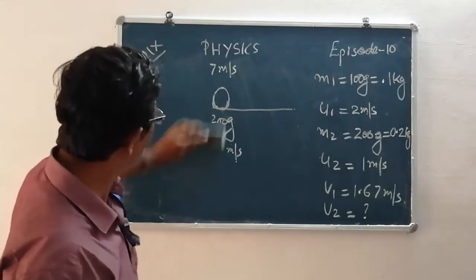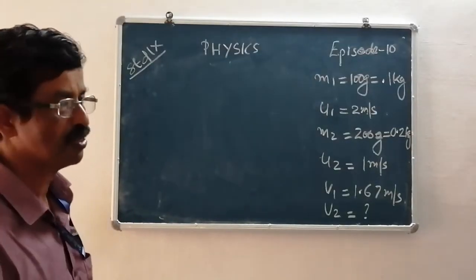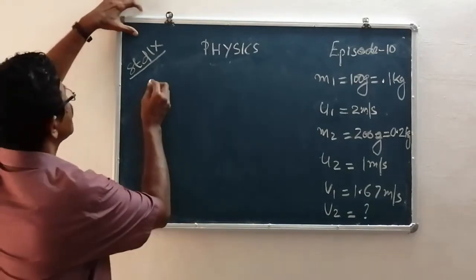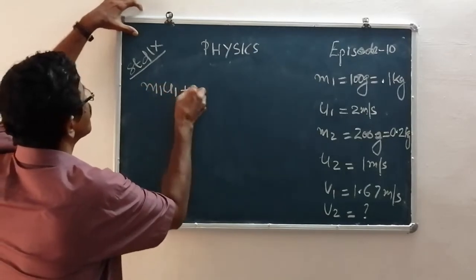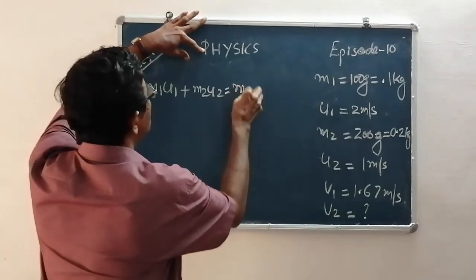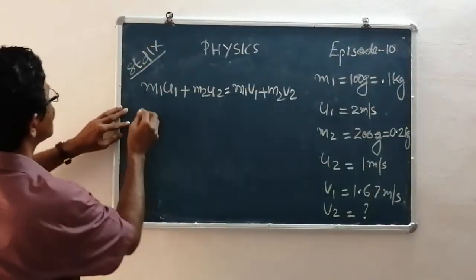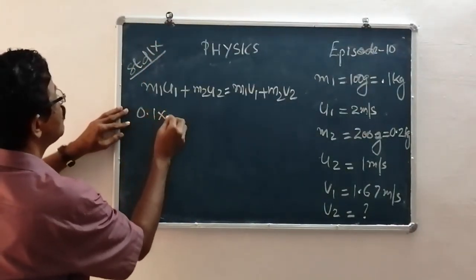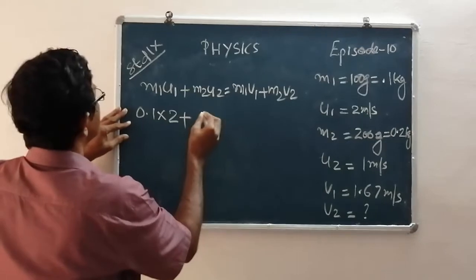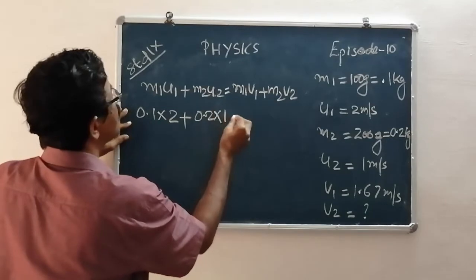We know momentum before collision is equal to momentum after collision. That is M1 U1 plus M2 U2 is equal to M1 V1 plus M2 V2. M1 is 0.1 into U1, that is 2 meter per second, plus M2 is given as 0.2 kg, and its speed is 1 meter per second.